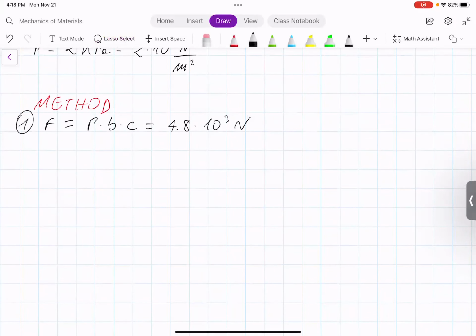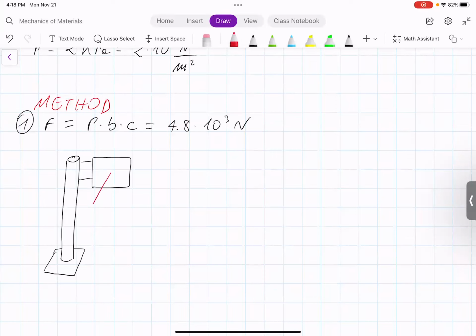So we can do a quick schematic even in this case. Our force is initially placed in the center.